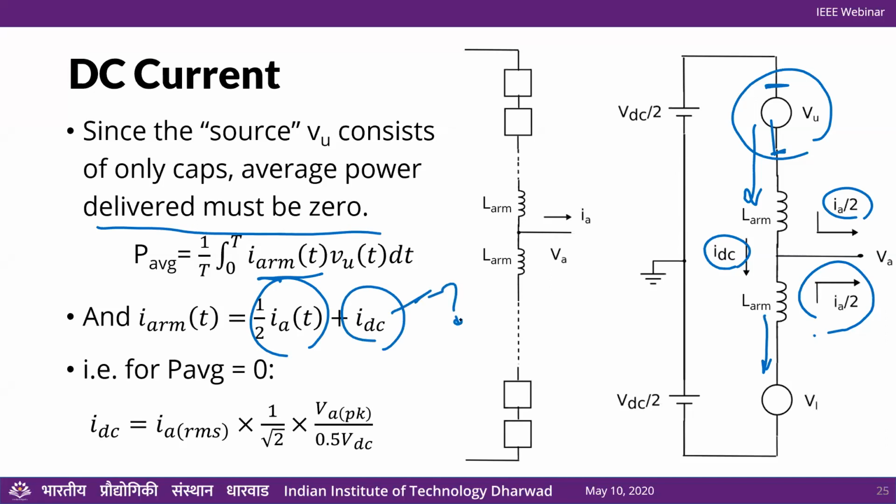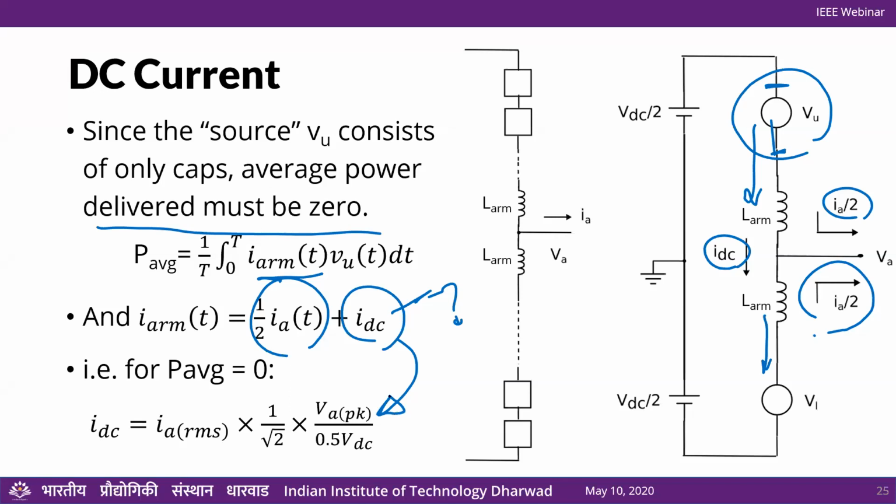And it turns out that when P average is 0, this IDC has this form. So it has some value, and that value is necessary to ensure that the arms do not deliver DC power, right?